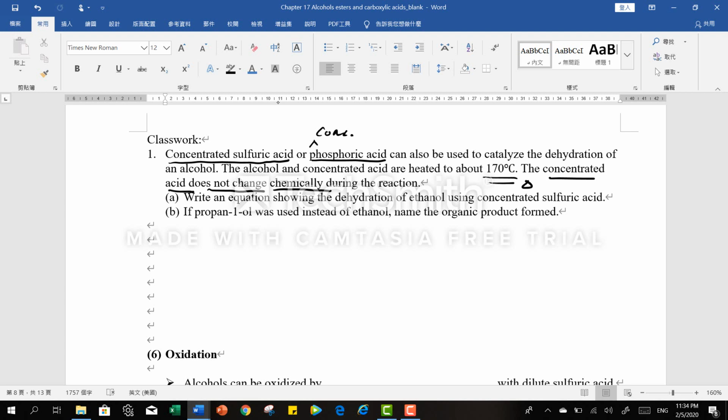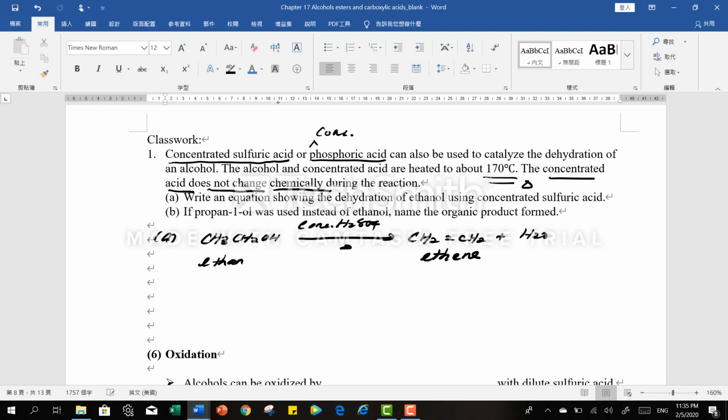Write the equation showing the dehydration of ethanol. I did it for you already, so it's CH3CH2OH, right? And then you have the concentrated H2SO4, and you heat it. It will become alkene together with water. This is ethene, and this is ethanol.